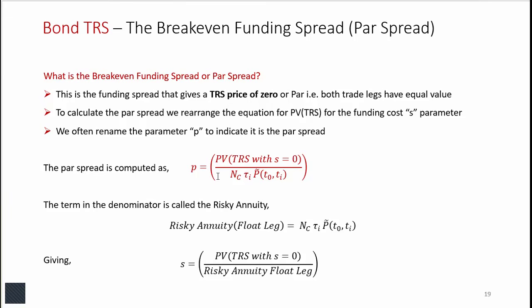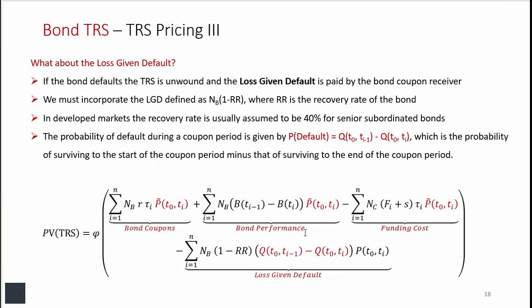We say the par spread is the PV of the TRS with no spread divided by this term. Let's have a quick look at this formula. What we've done is rearranged this PV formula. We want the PV to be zero, so we set this to be zero and find what spread makes that happen. We factorize out this S term. This is the spread, and it only comes up in the funding leg.